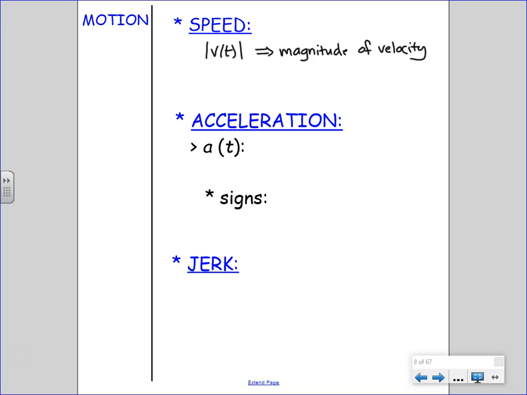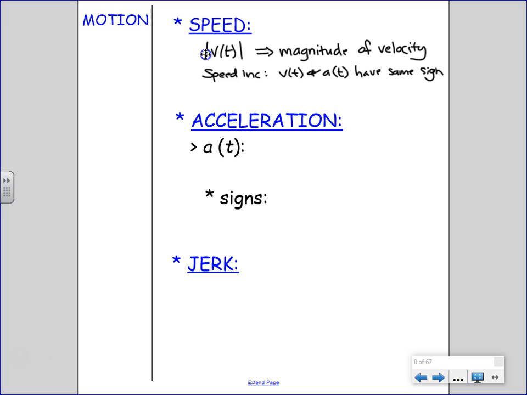How do we know speed increasing or speed decreasing? Acceleration and velocity's signs. If they're the same, then they're increasing. If they're different, then they're decreasing. And technically they have the same sign at an instant or on an interval, right? Yeah, because they don't have to have the same sign for an entire scenario.